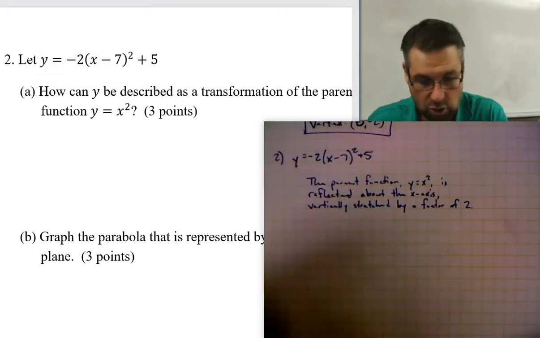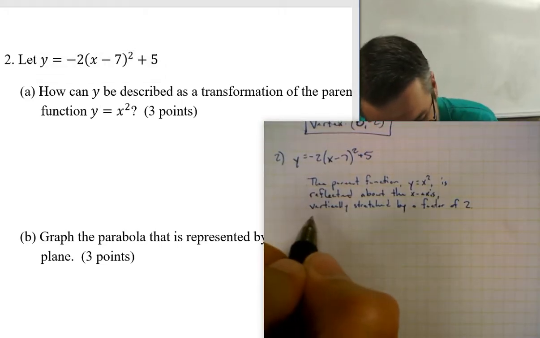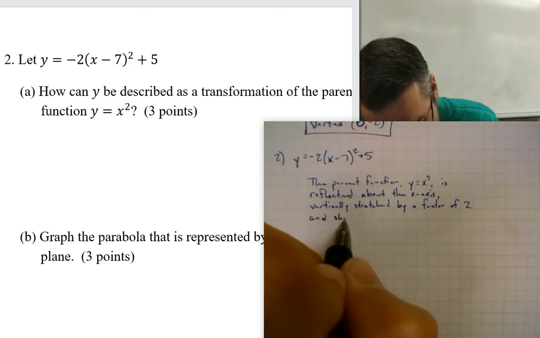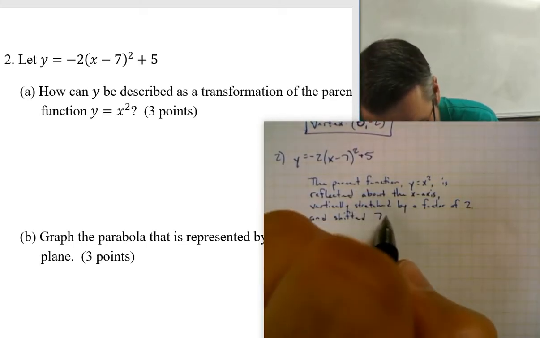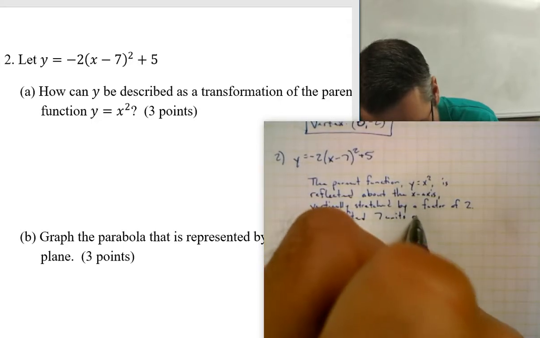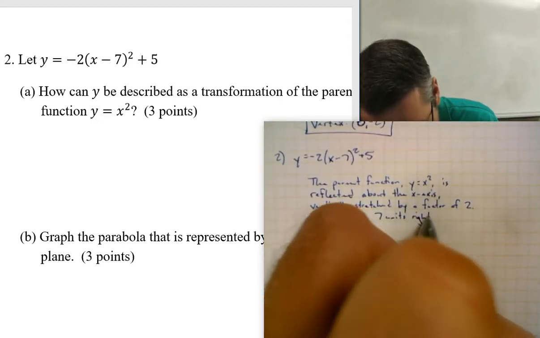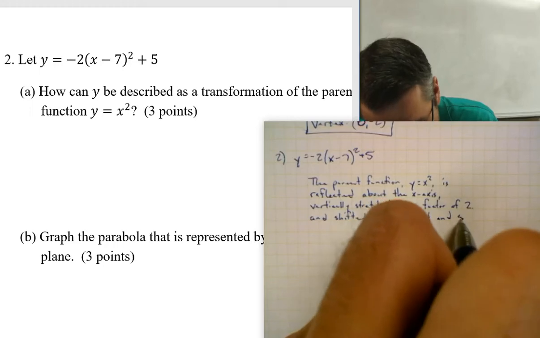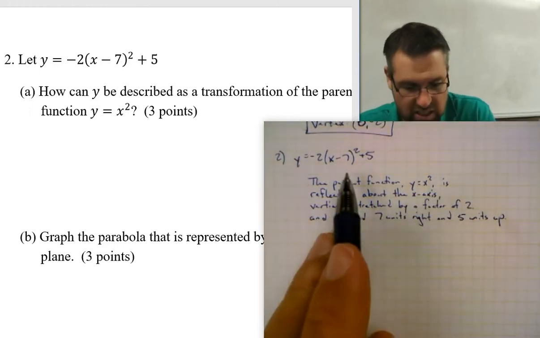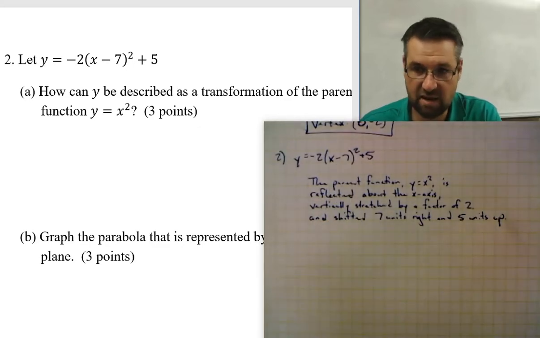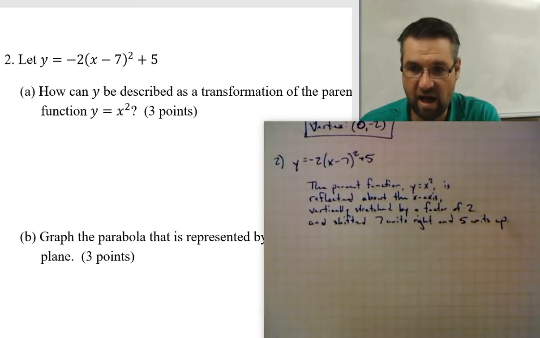And then we talk about our translation or our shift. So we'd say then and shifted or translated 7 units right and 5 units up.